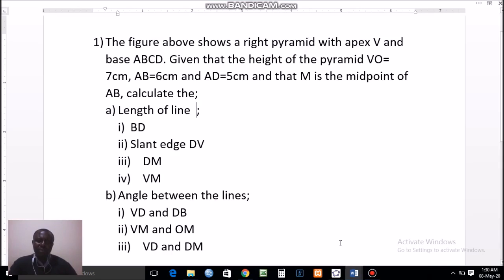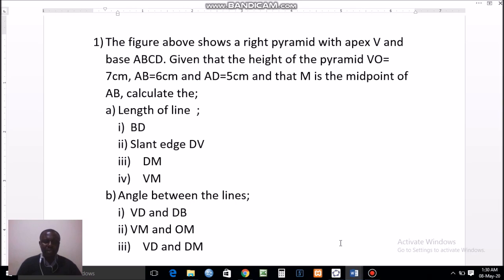The figure above shows a right pyramid with apex V and base ABCD. Given that the height of the pyramid VO equals 7 centimeters, AB equals 6 centimeters, and AD equals 5 centimeters, and that M is the midpoint of AB, calculate the length of line BD, slant edge DV, line DM, and line VM.